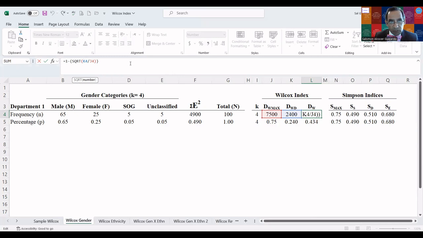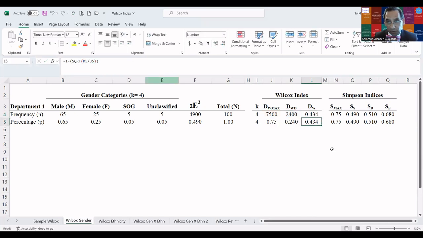When I subtract that from 1, that gives me 0.434, which is the probability. There's a 43% chance that the individuals selected at random will differ from each other. That also represents that 43% of the maximum value of diversity was obtained.